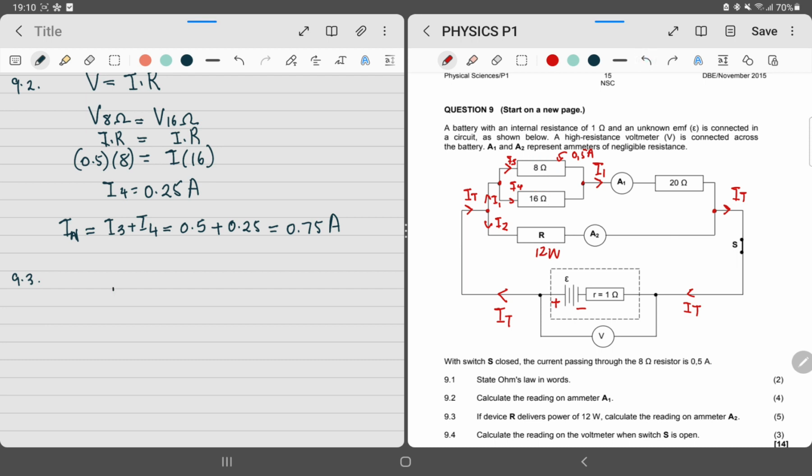So this is the R parallel, which is connected in series with the 20 ohm resistor. This is I total. It's the total that's entering that node. So we're going to have I1 going up, and then we're going to have I2 going down.